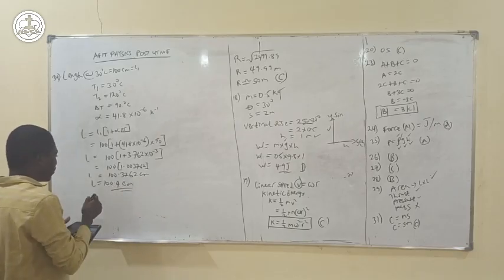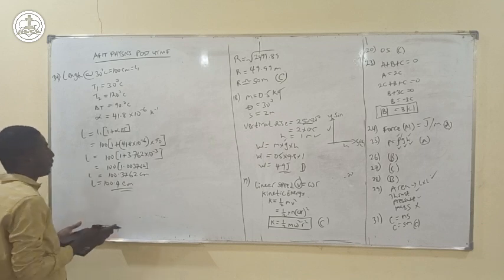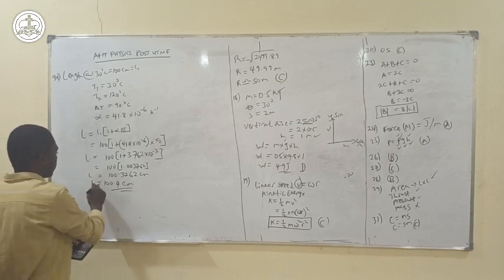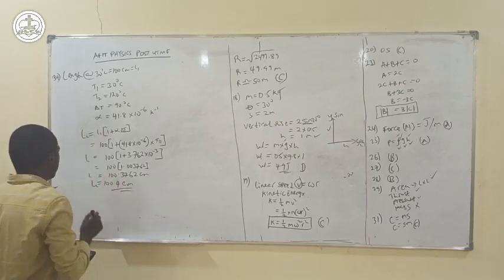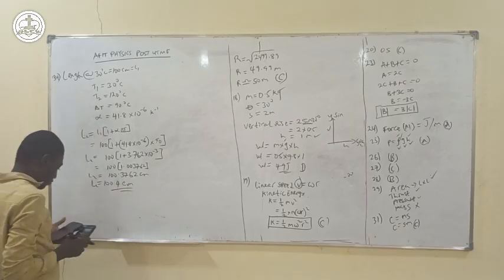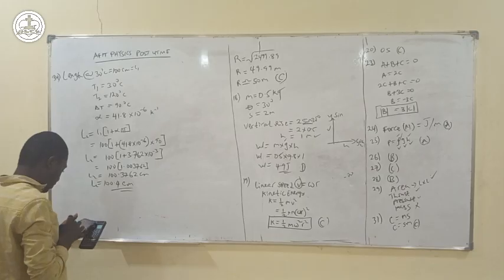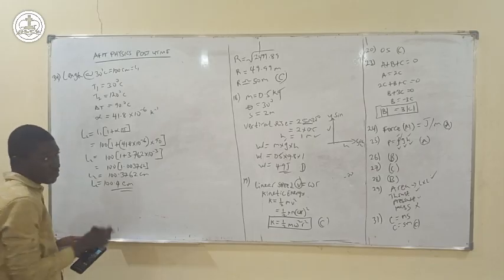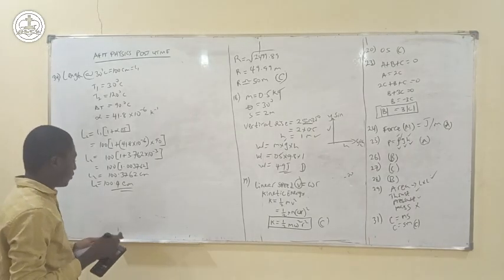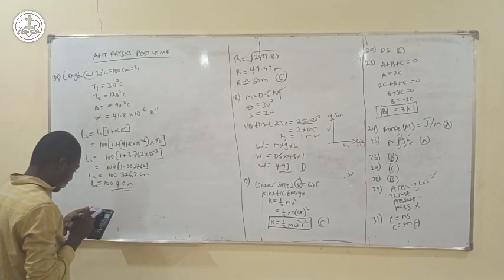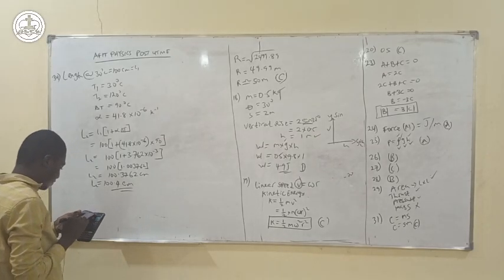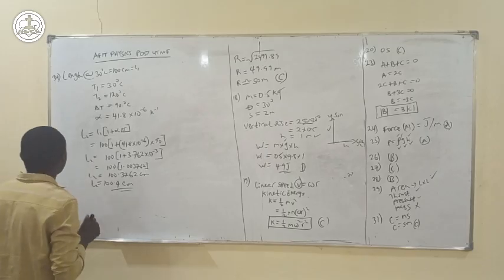So that's the new length. If you want to find change in length, L2 minus L1, you can do that. It seems like 100.4 is not in the options, but this is the nearest answer.